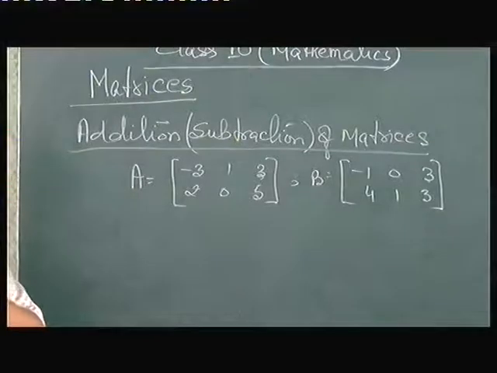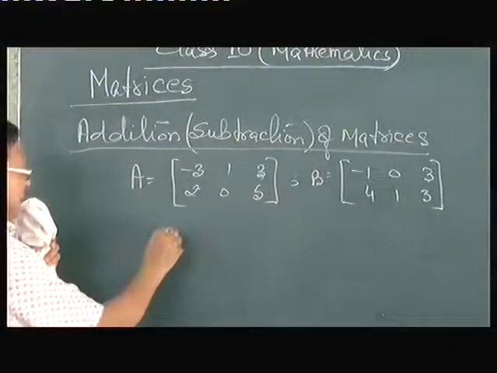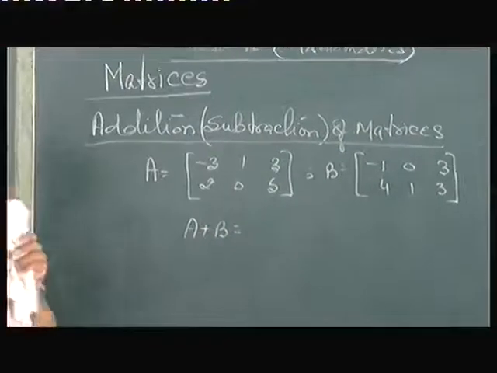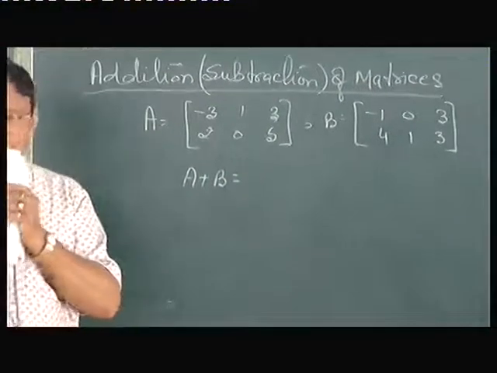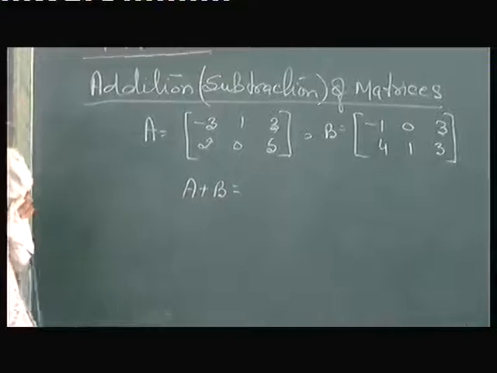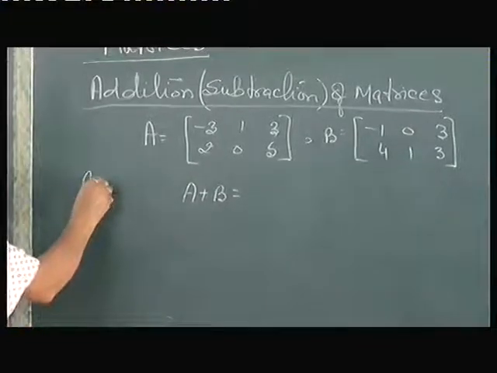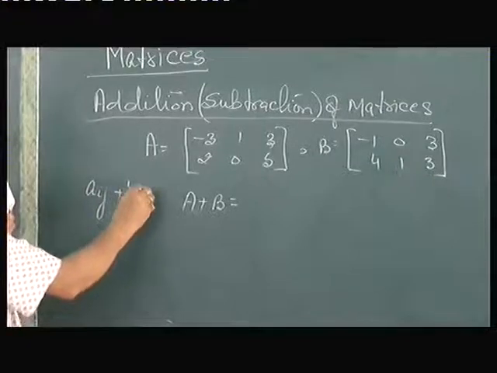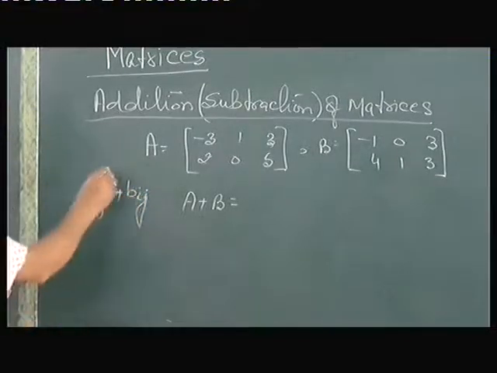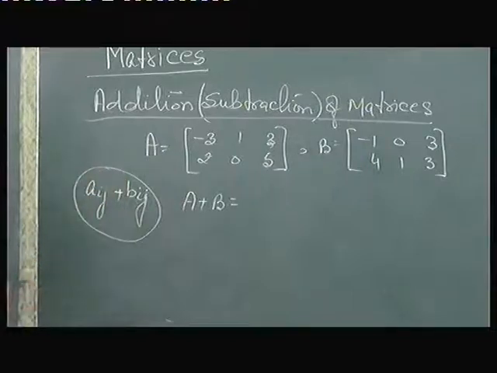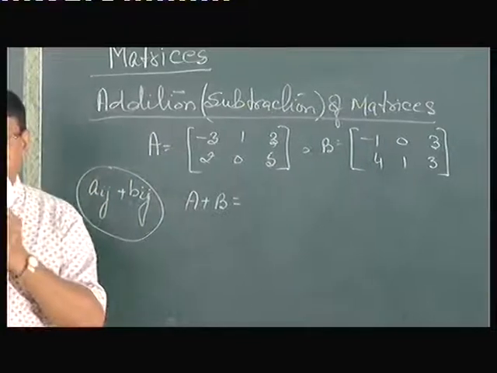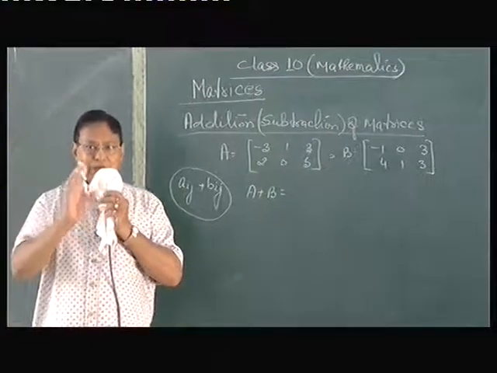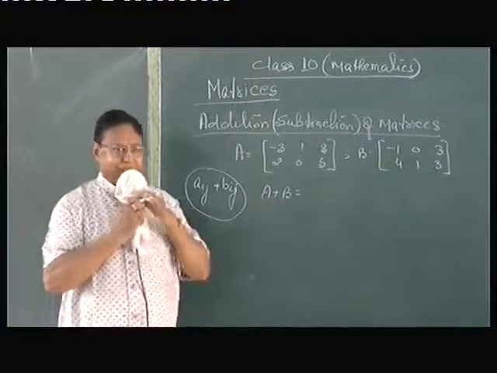So both are like matrices, adding A and B. Well, in symbol we write it as Aij plus Bij. So this is again a symbol which we use. What I mean here is the corresponding element to be added.